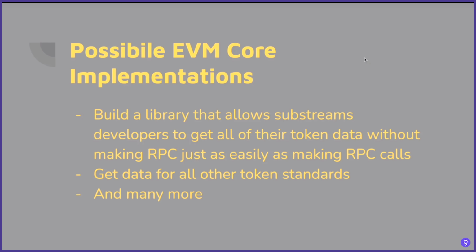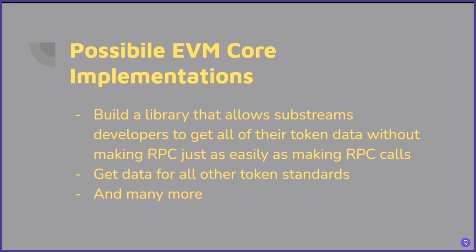Yeah, so these are just possible things that we want to do. This is a brand new thing. This isn't something that's commonly used in substreams development yet. I mean, we were the first people to use it to make a subgraph.